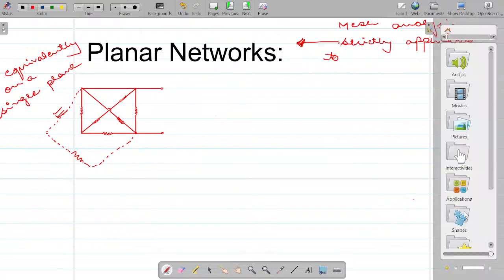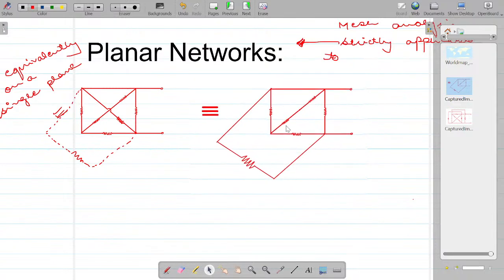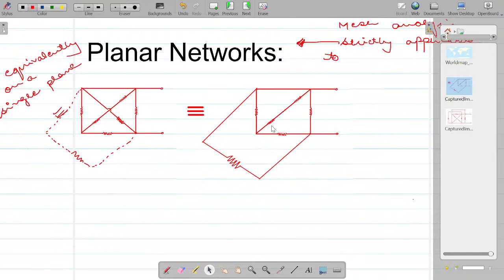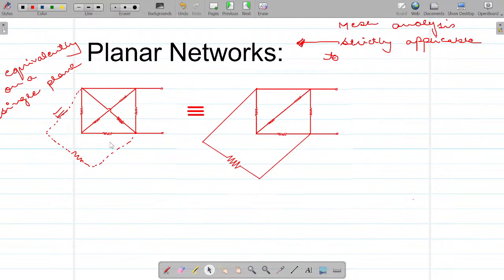Let me just put this picture for you. In such a case, let me call this potential A and B. This is again A and B. Does anything in the network change?